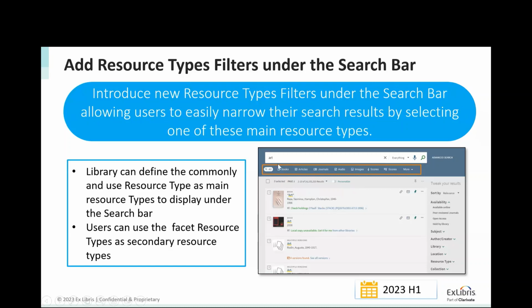And talking to the customers and gathering requirements, we are now releasing it more simple, more specific. We are adding this resource type filter, as you can see here, under the search bar.